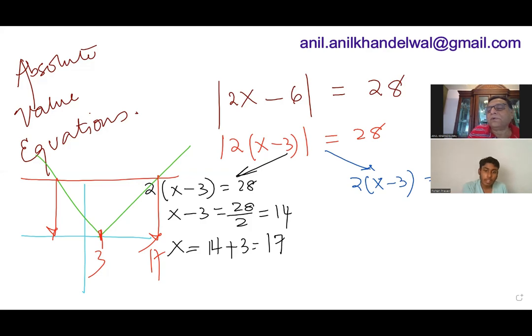Because the absolute value of minus 28 is also 28. So you have to solve for both. Now, as you were saying, we could divide by 2 and get minus 14. And then we add 3, which is negative 11.